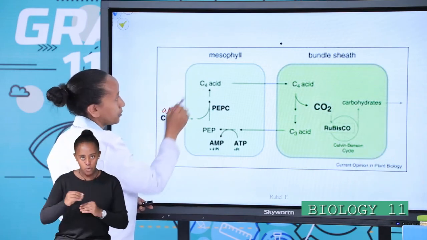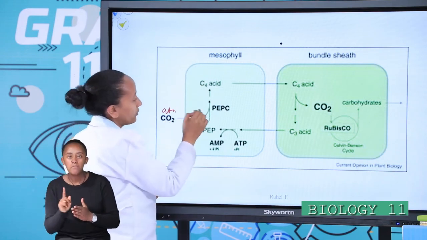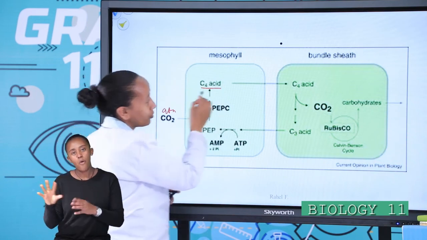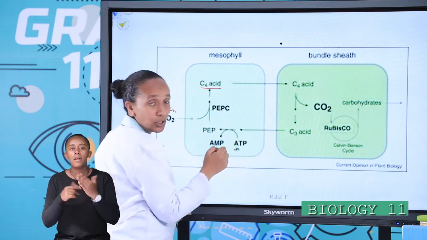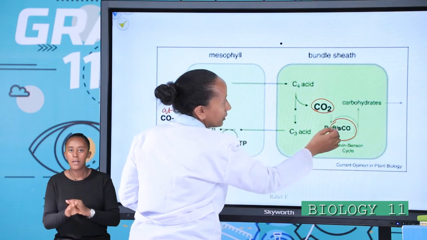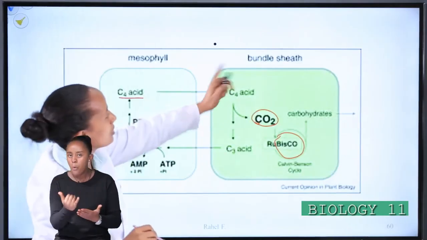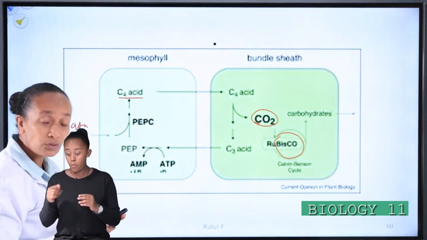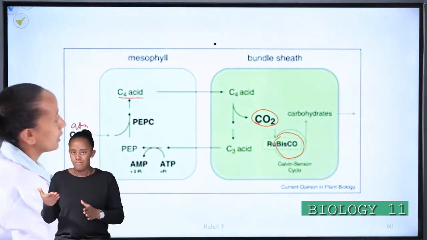Atmospheric carbon dioxide is absorbed by the mesophyll cell. It is carbon fixation, and after it has been absorbed, a C4 compound will be formed. This compound diffuses to the bundle sheath cell and undergoes decarboxylation, and this carbon dioxide is used in the Calvin cycle inside the bundle sheath cell. This is because bundle sheath cells have chloroplasts without thylakoid membrane, so they cannot undergo the light reactions.